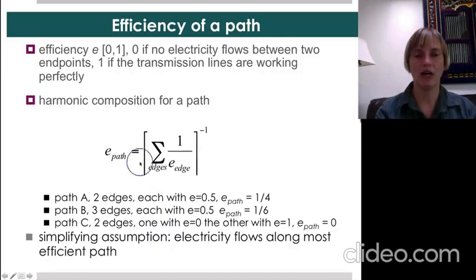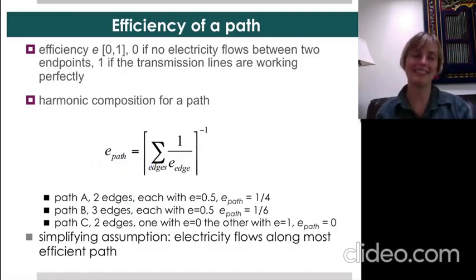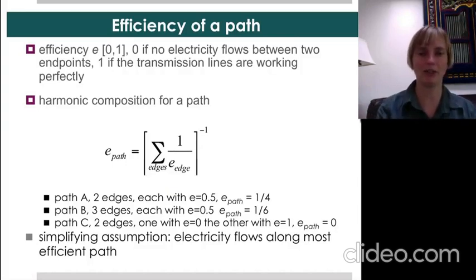And so we're going to have a certain efficiency of the edge, and we can compare, and then we have the efficiency of the path that is composed of a bunch of these edges. And the simplifying assumption in the end is that we're going to assume it only goes along the most efficient path, but in practice it actually goes through all of them, but primarily through the high efficiency one.